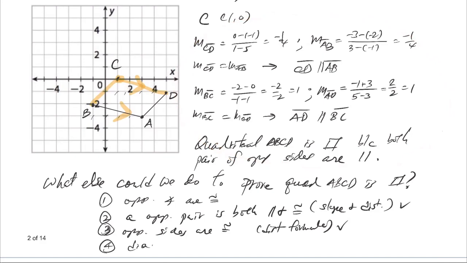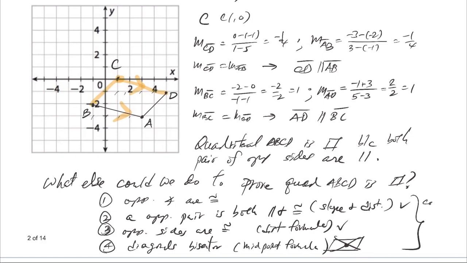Diagonals bisect each other. Okay. The way to show that is that if you could show that this is the midpoint of this segment and that is the midpoint of that segment right there, then I think that's how you could do that as well, right? So this one you would need the midpoint formula, right? So these are the things that we could do, these three, for what they call coordinate geometry.